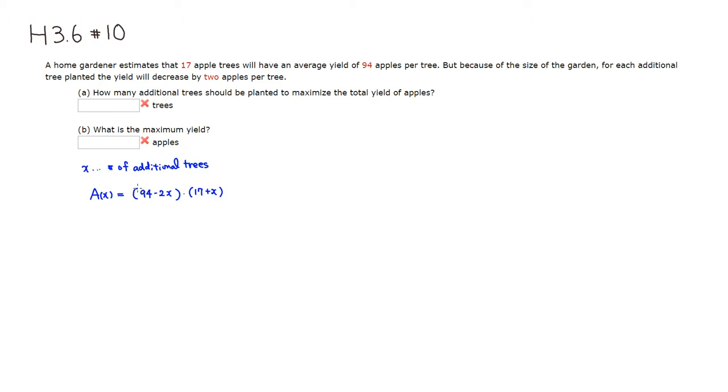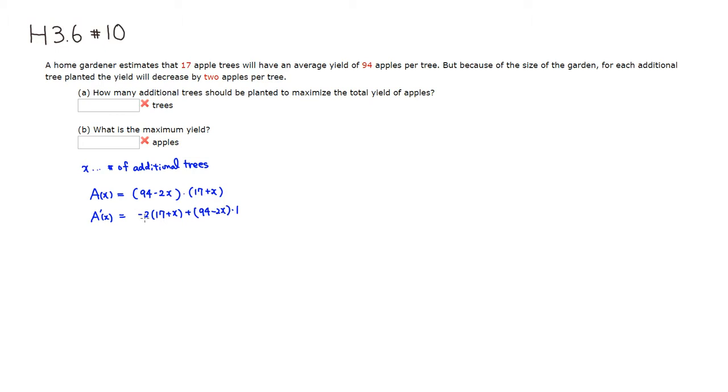So let's go ahead and take the derivative. I'm going to use the product rule. A prime of x is equal to the derivative of the first, negative 2, times the second, 17 plus x, plus the first, 94 minus 2x, times the derivative of the second, which is just 1.